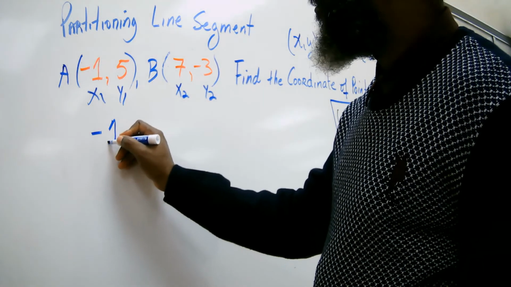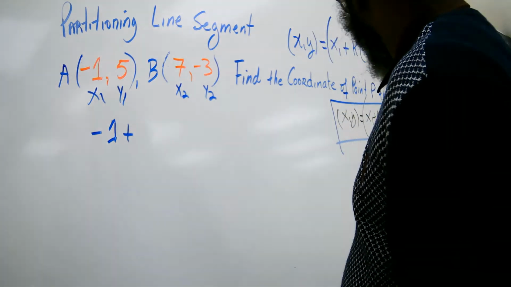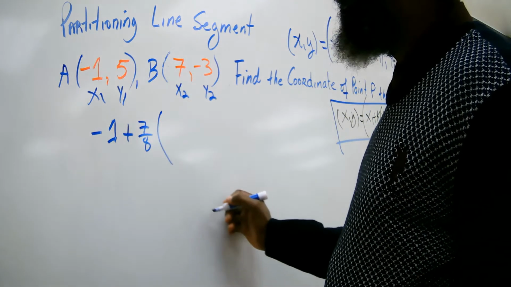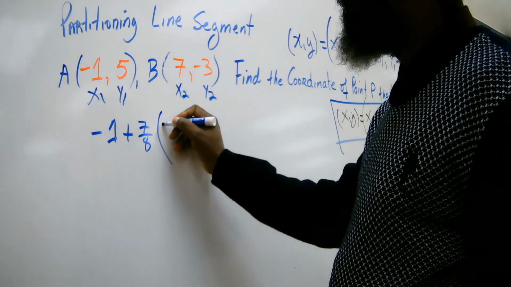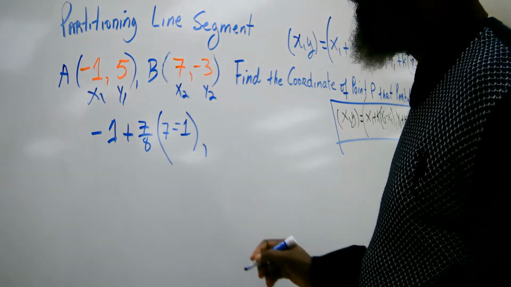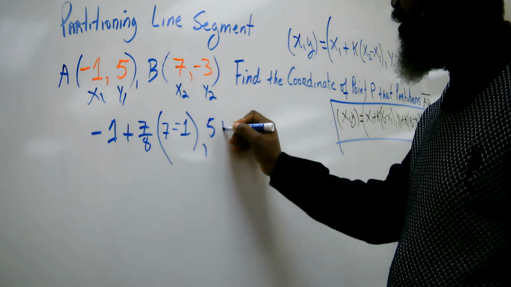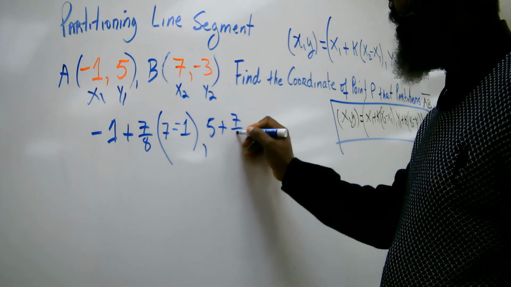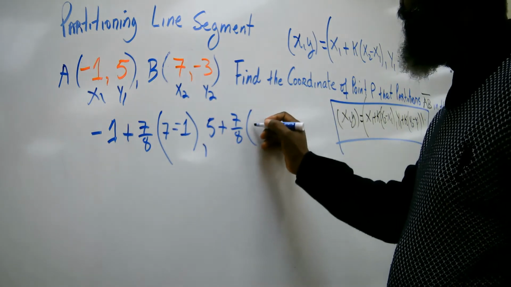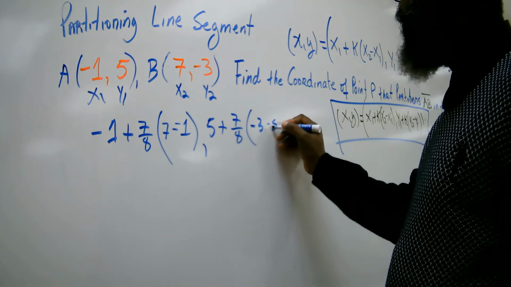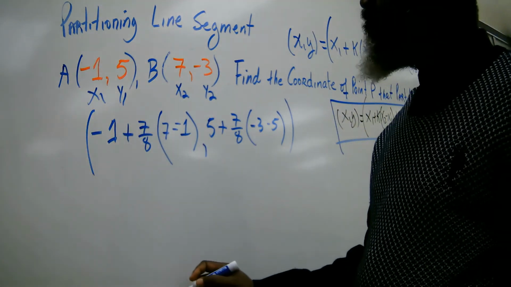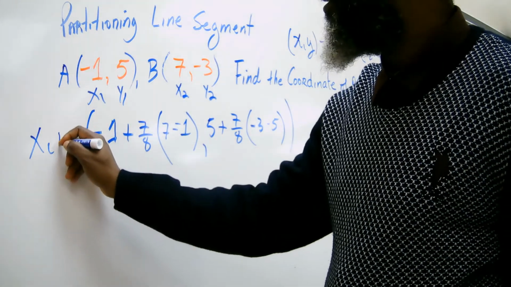You will have negative 1 plus k, which is 7/8, times the difference between the two x's, that will be 7 minus (-1), comma, y1 which is 5, plus k which is 7/8, times the difference of the y coordinates, that will be -3 minus 5. Then we simplify that. That will give you your point.